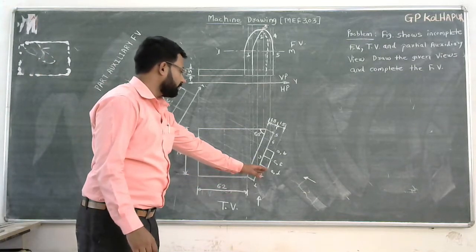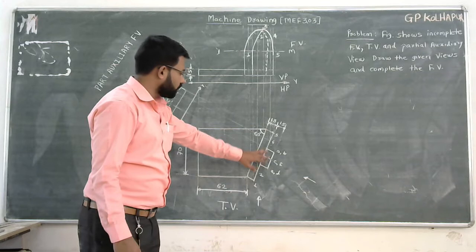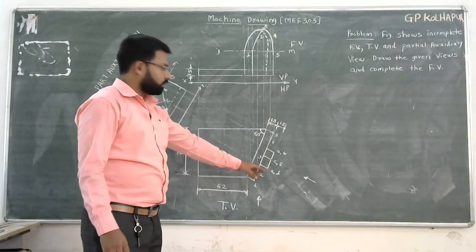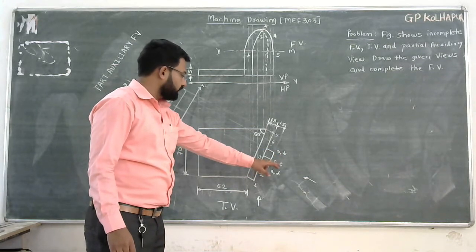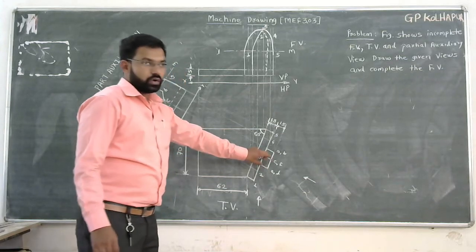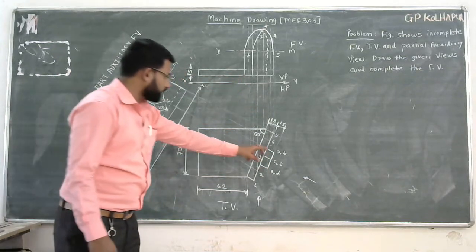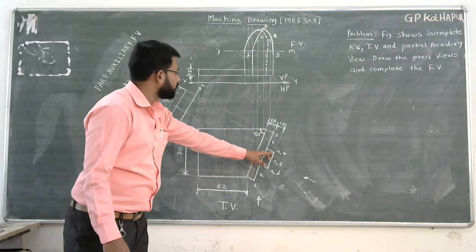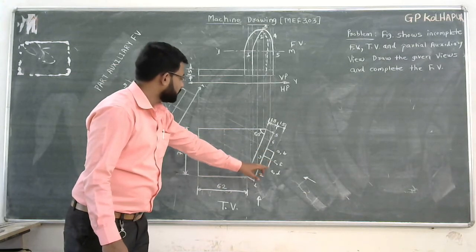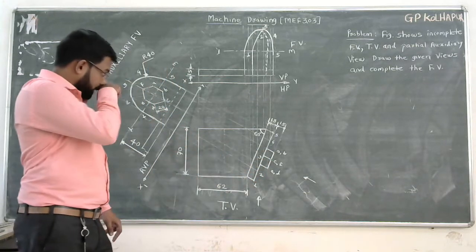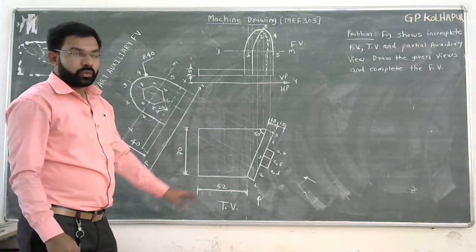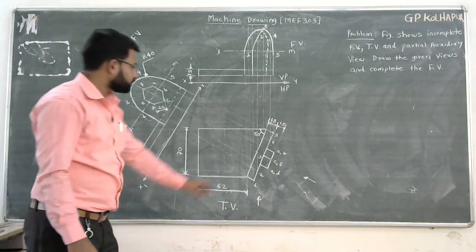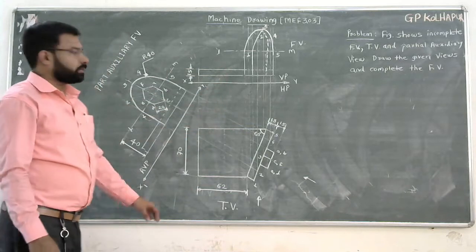Next step is you have to draw the projectors from these points A, B, C, F, E, D. You have to draw three vertical projectors, one from this point, one from this point, and one from this point. On those projectors, the points will lie.